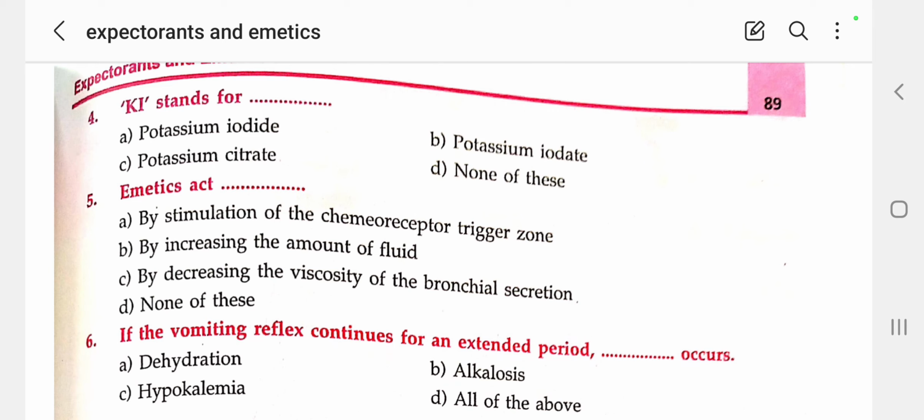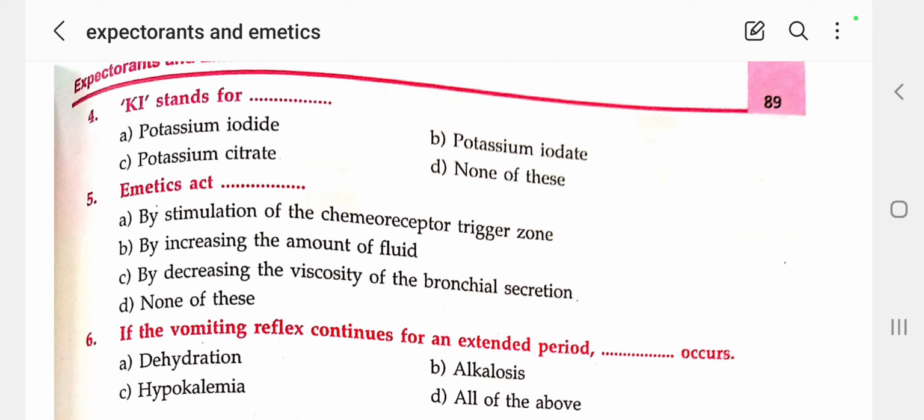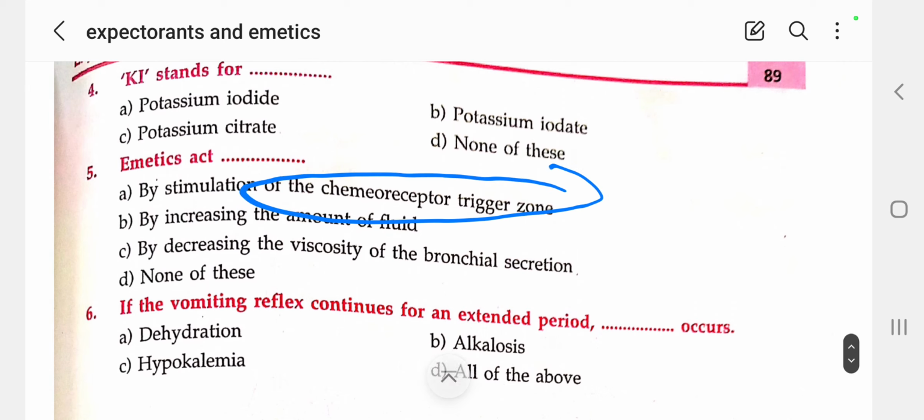Then emetics act by stimulation of the CTZ, the chemoreceptor trigger zone located in the fourth ventricle in the medulla, by directly acting on this zone so that the person can induce emesis, which is the voluntary or forceful expulsion of stomach contents through the mouth or by the nose.